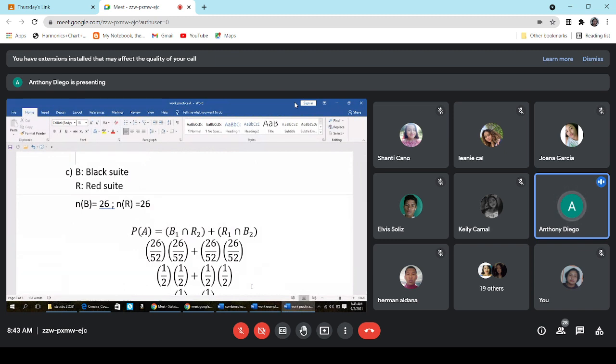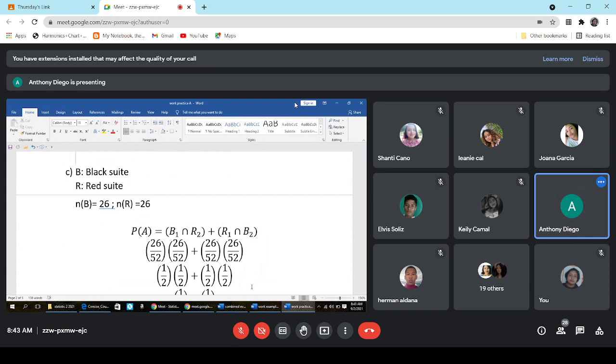Remember, there are 2 cards that you need, but one of them has to be a queen. That's what this is telling you. So which means there are 4 queens in an ordinary pack of cards. So you have 4 out of 52 to draw a queen.